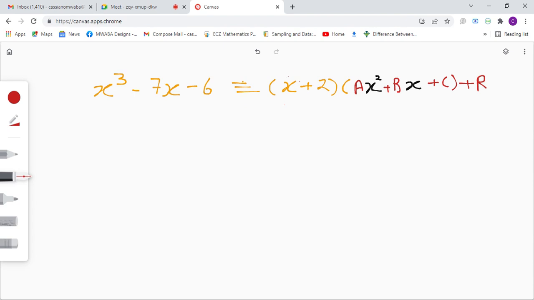So x times ax squared, we get ax cubed. x times bx, we get bx squared. And x times c, we get plus cx.